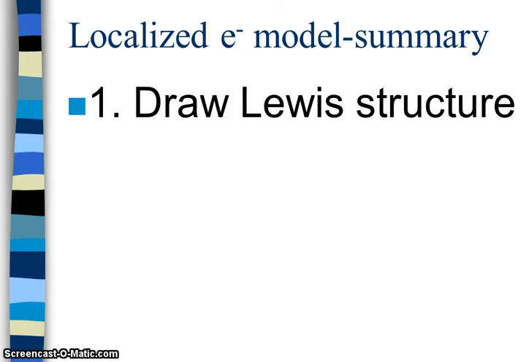So when we summarize this localized electron model, the first thing we do is we draw our Lewis structure. We decide how many valence electrons there are on each atom in our molecule. We draw our molecule so that our octet or duet rule is fulfilled. Any extra electrons we would add onto the central atom and expand the octet into the d orbital.